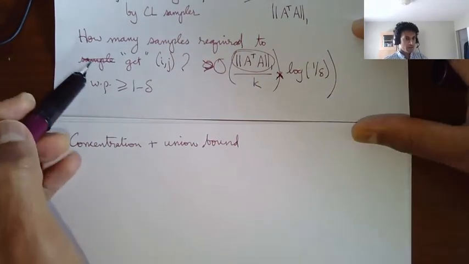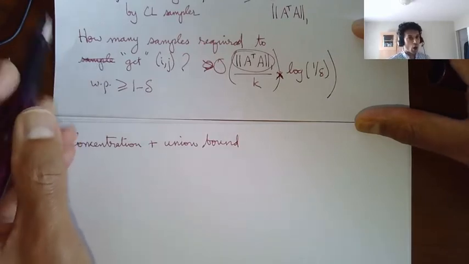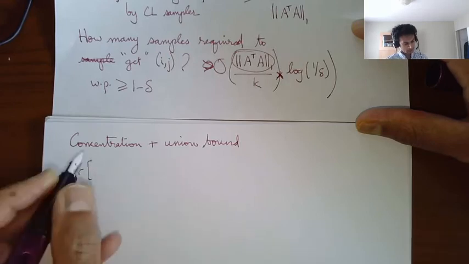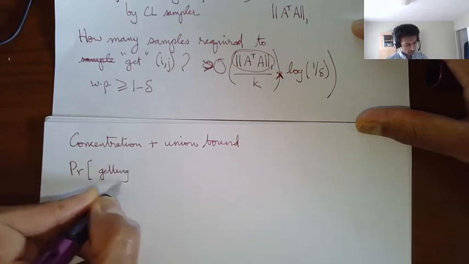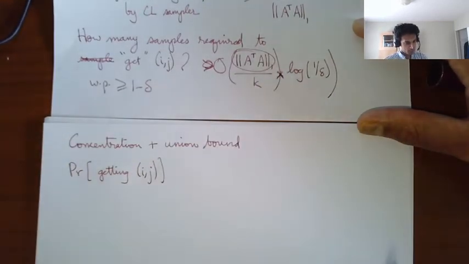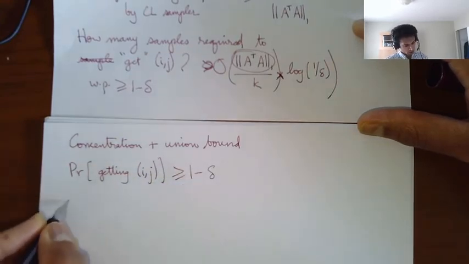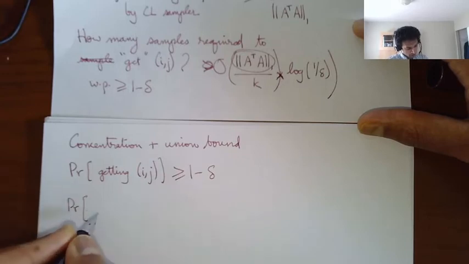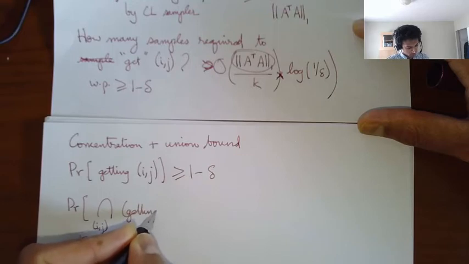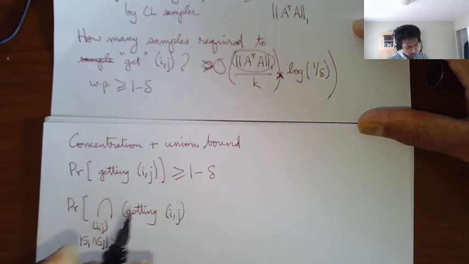Now the problem is there could be many pairs, and you want to get all of them simultaneously. So we said the probability of getting ij with these many samples is at least this. What we want is the probability of the intersection over all ij such that si intersect sj is greater than k of getting ij.